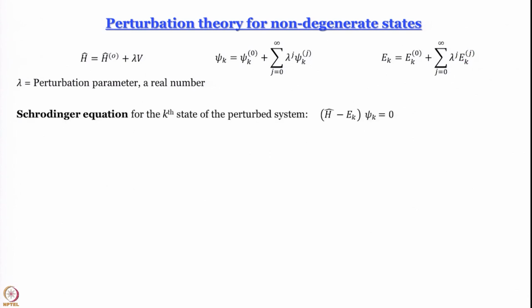Now we are going to write the Schrodinger equation for the kth state of the perturbed system, and we can write it in this form. Well, H psi equal to E psi, of course. So, I can bring everything to the left hand side, have 0 on the right hand side, and then on the left hand side I get this operator H hat minus E k operating on psi k. So, we have encountered this operator earlier.